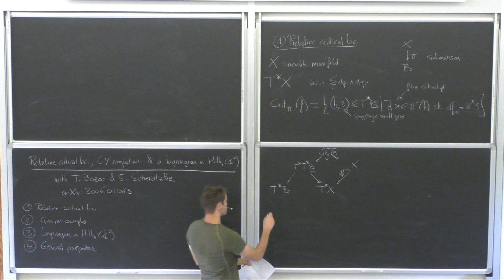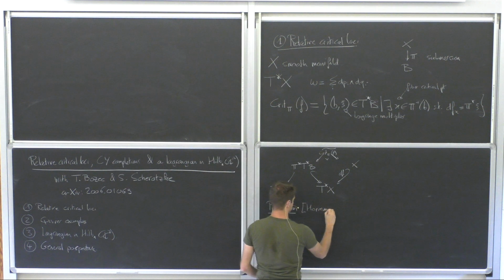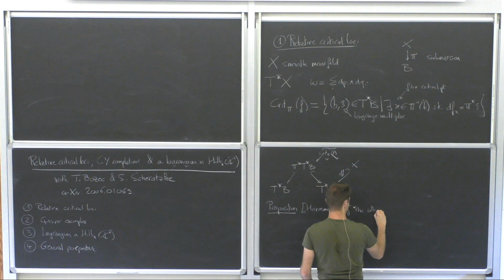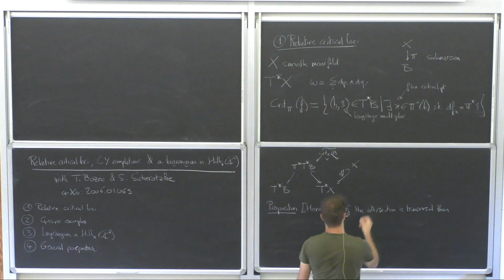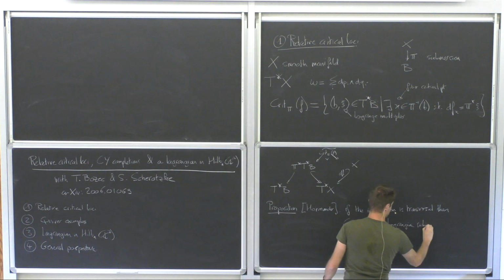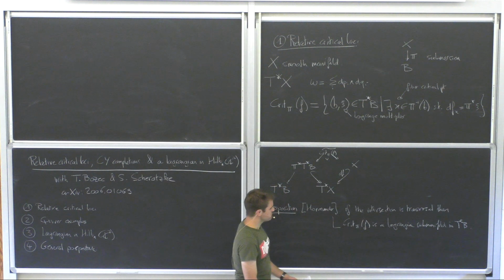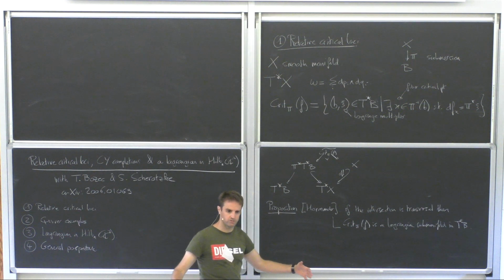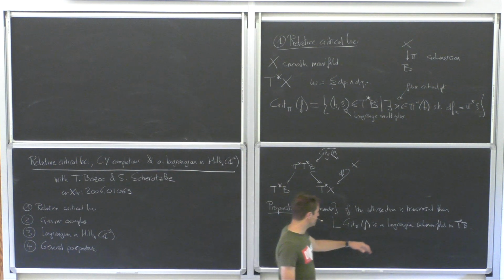So there's a proposition, I think, that probably goes back to Hörmander, which says that if the intersection of these two is transversal, then the relative critical locus is a Lagrangian submanifold in T star B. I think if you replace transversal by clean, which means that the sum of the tangent spaces does not necessarily generate the whole tangent space, but the tangent of the intersection is the intersection of the tangents, you get probably an immersed Lagrangian submanifold.